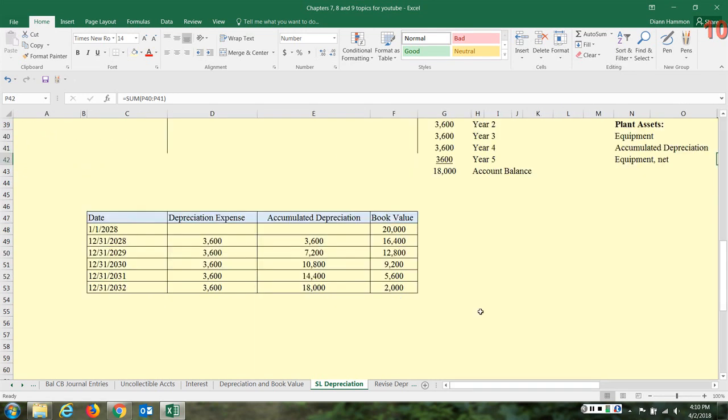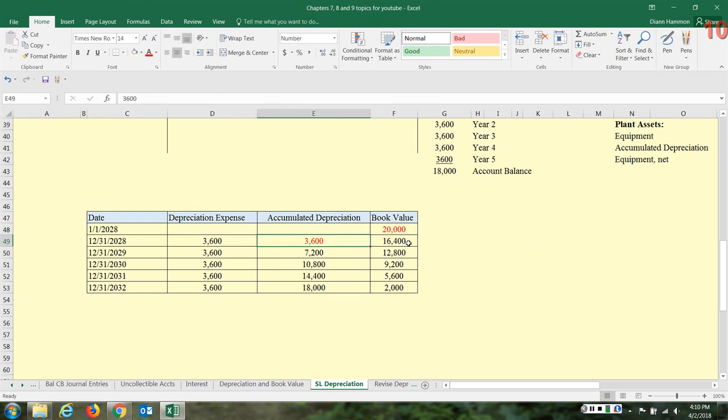And just look at it. Book value, we started off with $20,000 when the equipment was purchased. Year 1, we have depreciation expense $3,600. Accumulated depreciation for just the 1 year would be the $3,600. Book value is this $20,000 minus the accumulated depreciation.